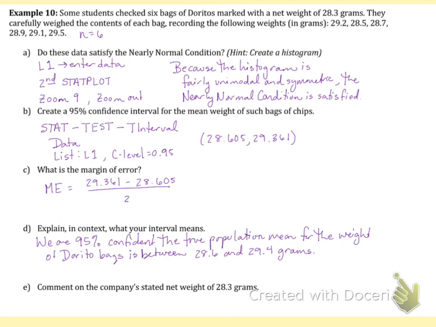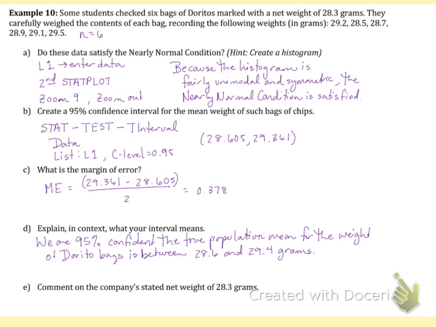And if you're putting this all in your calculator, don't forget to put parentheses around the numerator. And so for this, we will get 0.378. Again, we are not talking about percentages here. This is a margin of error of 0.378 grams.